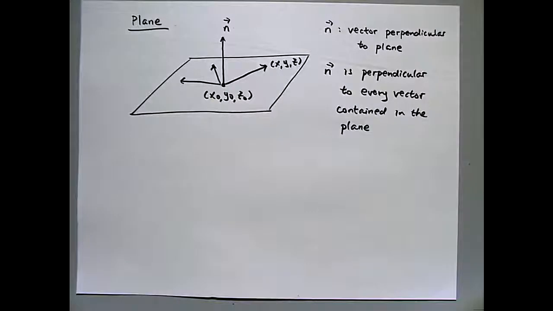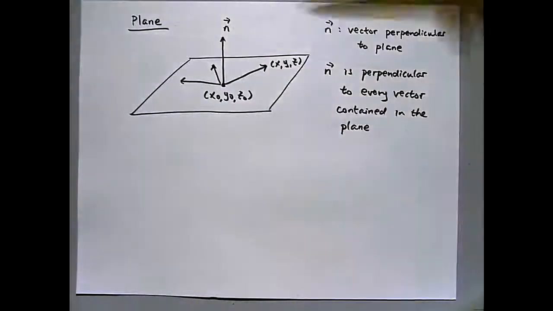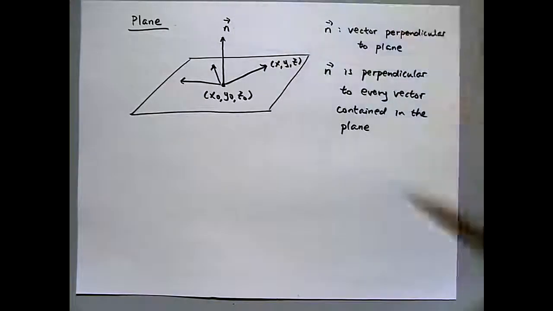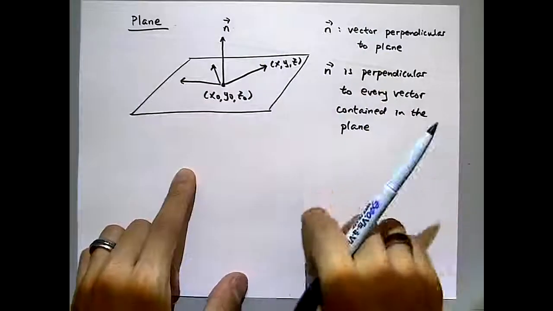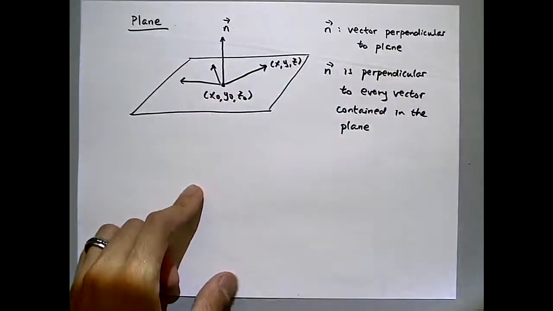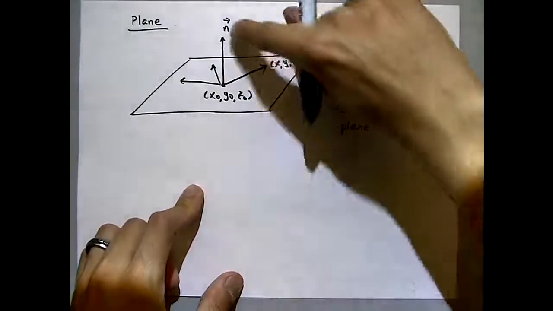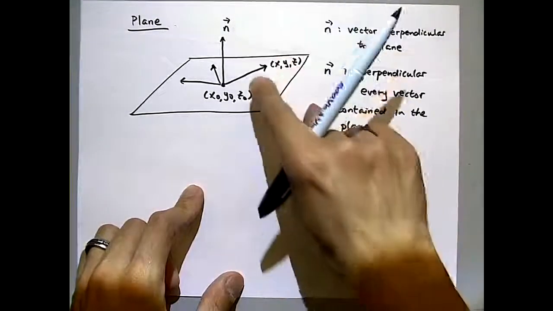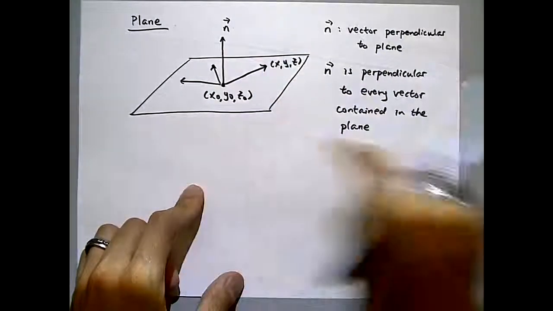Okay, so if I know one point on this plane and a vector that is perpendicular to that plane, then this vector is going to be perpendicular to every other vector contained in that plane. In other words, the dot product of this vector n with every other vector is going to be 0.